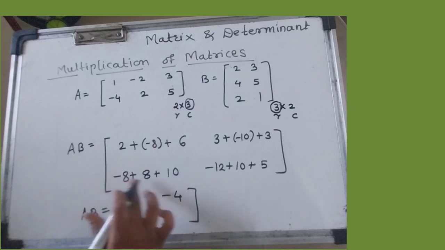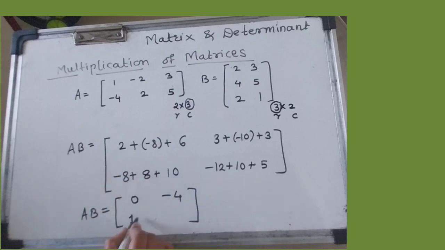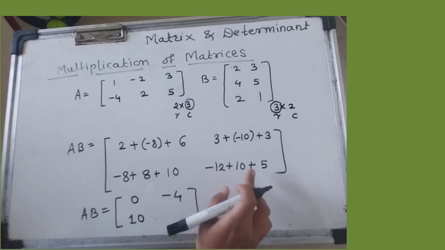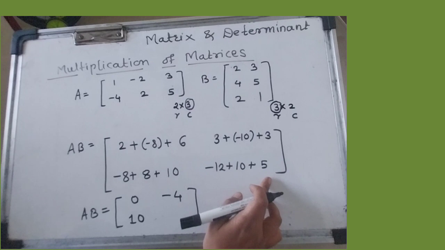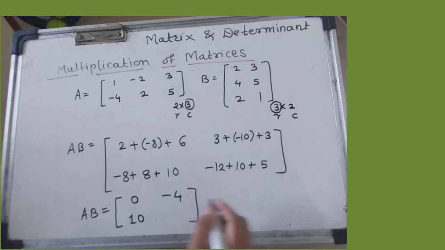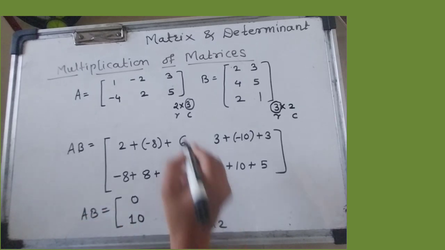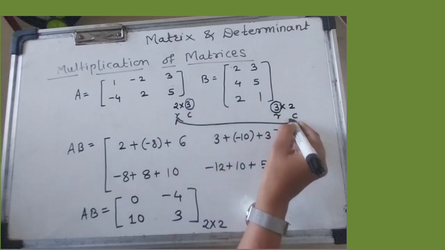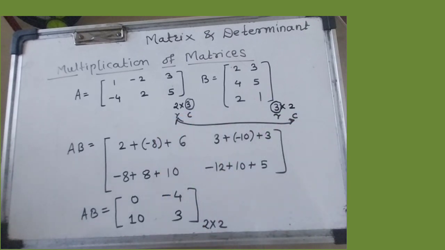Minus 8 plus 8 get cancelled, so it is minus 10. Minus 12 plus 10, minus 2. Minus 2 plus 5, so it is 3. Order of resultant matrix is 2 by 2. See here, 2 by 2. Clear? Take a screenshot.